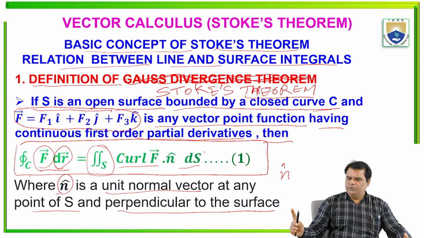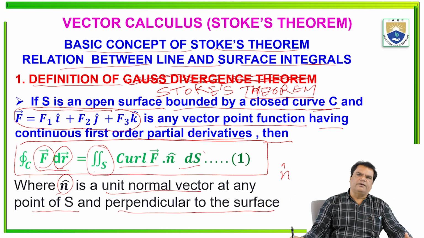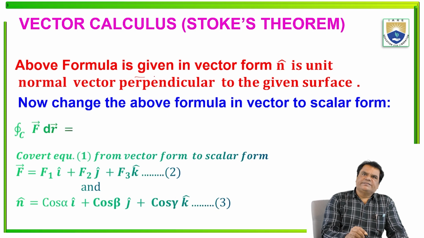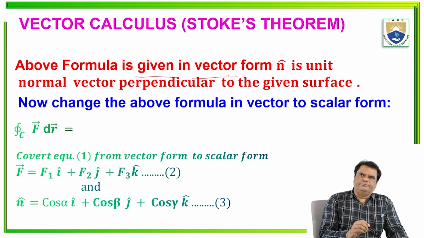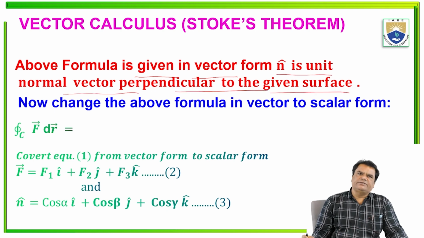So this is the direction of the normal. The above formula is the vector form of Stoke's theorem, where n is the unit normal vector perpendicular to the given surface.